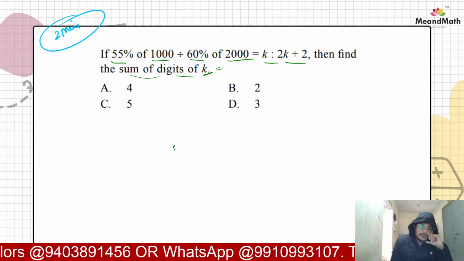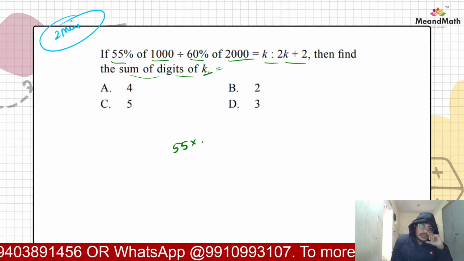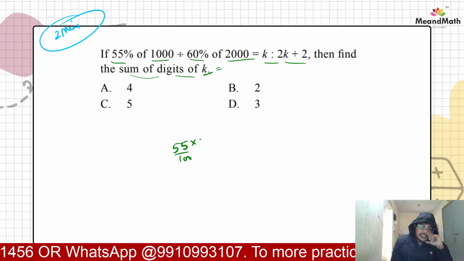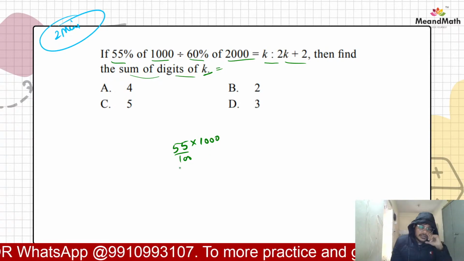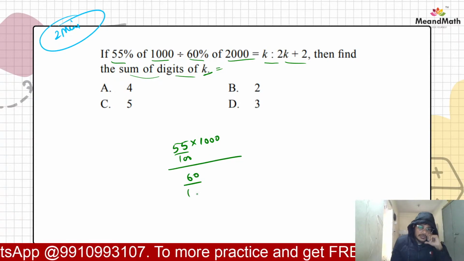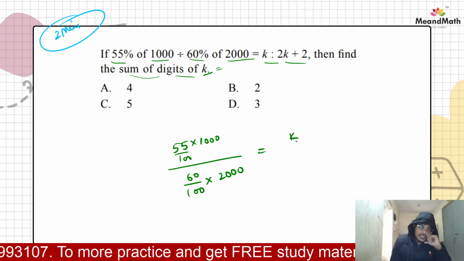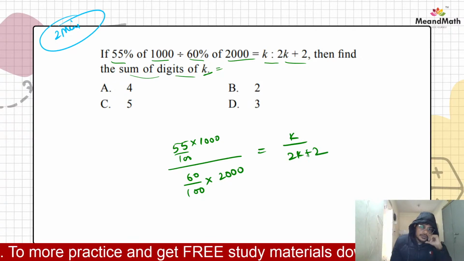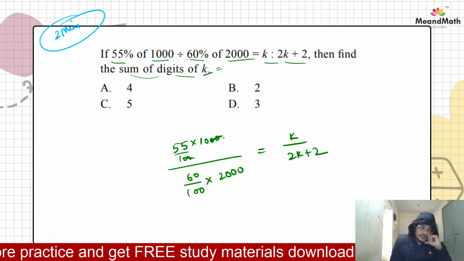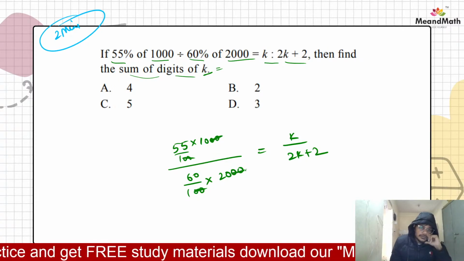Okay, see, 55 upon 100 into 1000, right? Divided by 60 upon 100 into 2000 is equal to k upon 2k plus 2. That is 20 and 20 cancel out.